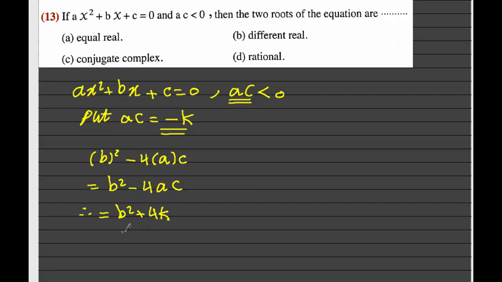Okay, and now we can deduce that b squared plus 4K is always greater than 0. It is always positive, whatever the value of K. So since the discriminant is greater than 0, the two roots of the equation will be different and real, and we choose letter B.